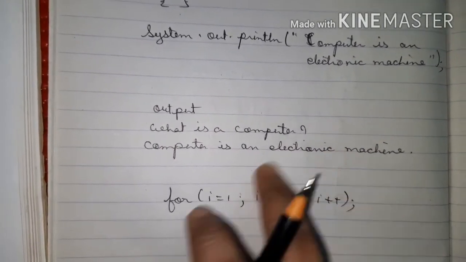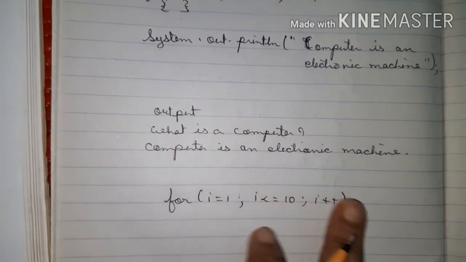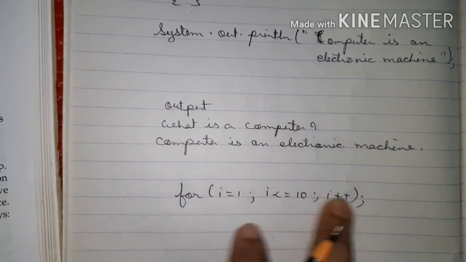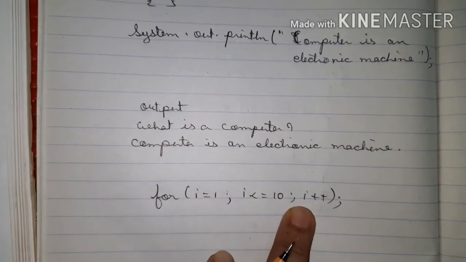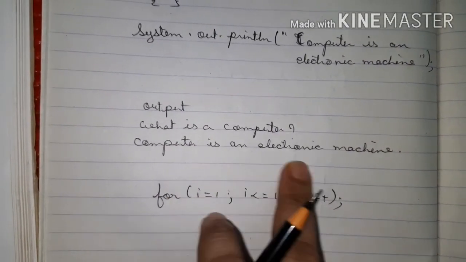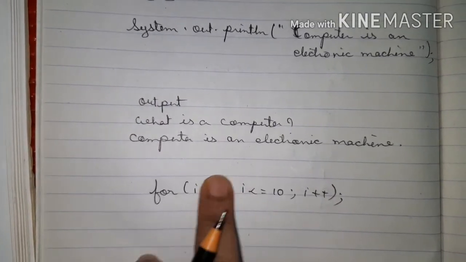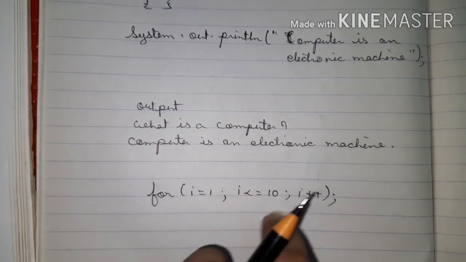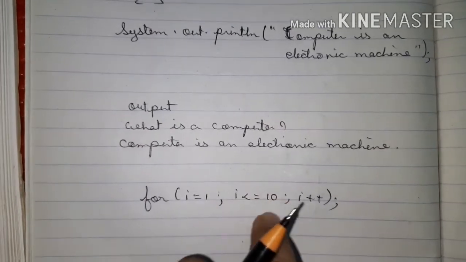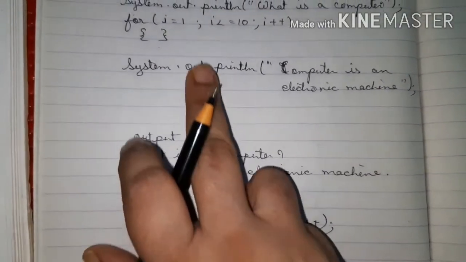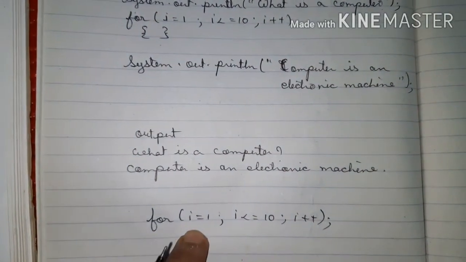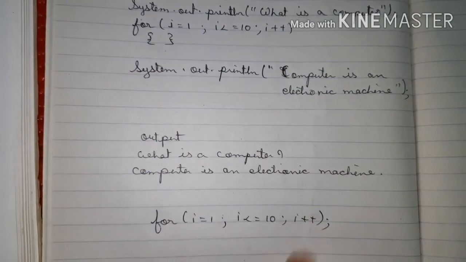The loop will execute 10 times, but since the semicolon is there, the body of the statement is not present. I will go on increasing one by one, and 10 times the loop will go on without a statement. So we can write it in this way, or we can use the other way. It indicates there is no statement.